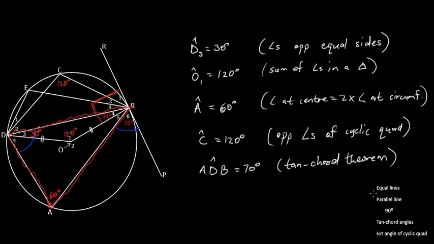Always remember to look for these things. Before attempting any question, you check if you have parallel lines, equal lines, 90 degrees, tan chord angles, and exterior angle of a cyclic quad, and then you go use your one thing leads to another strategy.